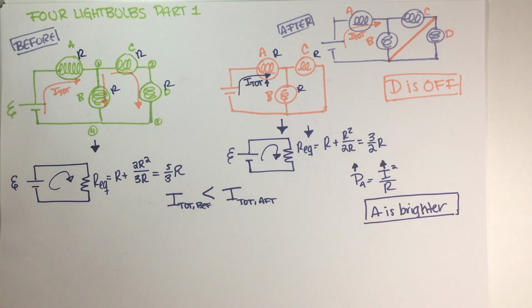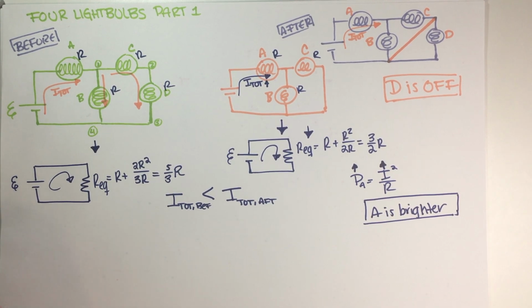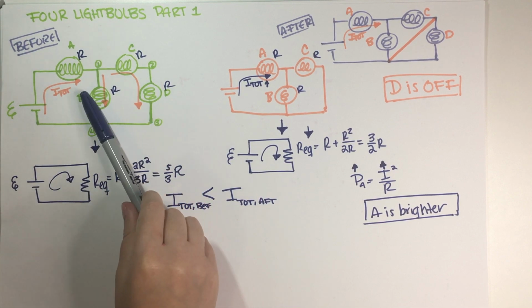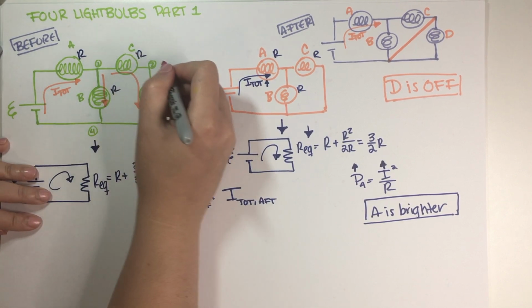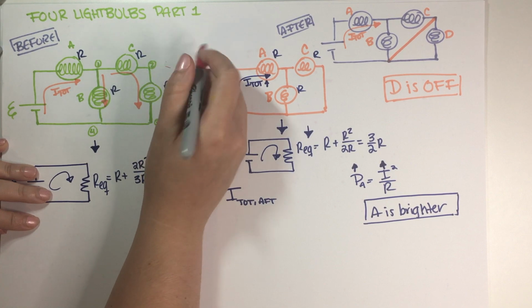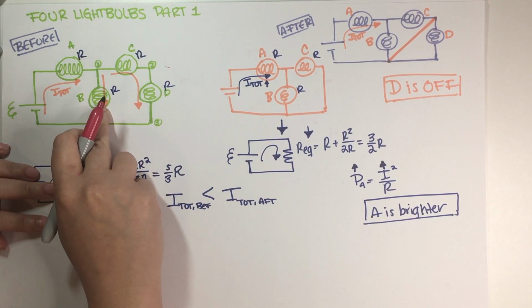So now that is 2 out of 4. So now we have to figure out what happens to C and what happens to B. So before, it used to be the case that this branch has a total of 2R resistance, and this branch used to have 1R resistance.